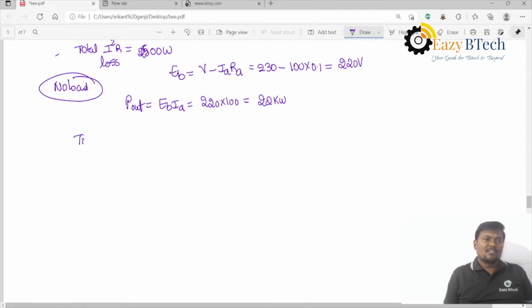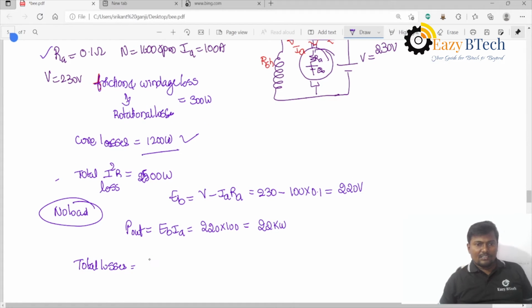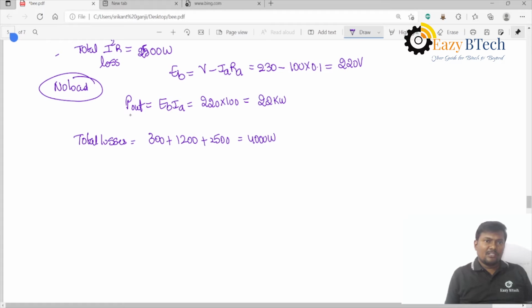Find out the total losses. Total losses means you add all these: 300 plus 1200 plus 2500, that should be equal to 4000 watts. So this power is called the gross mechanical power.